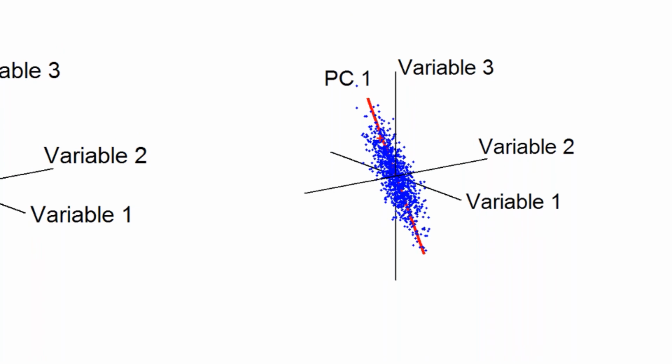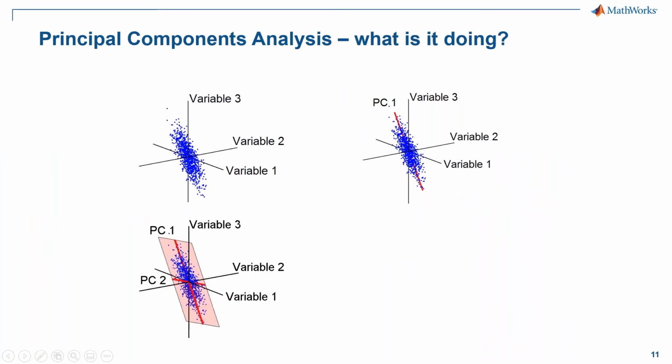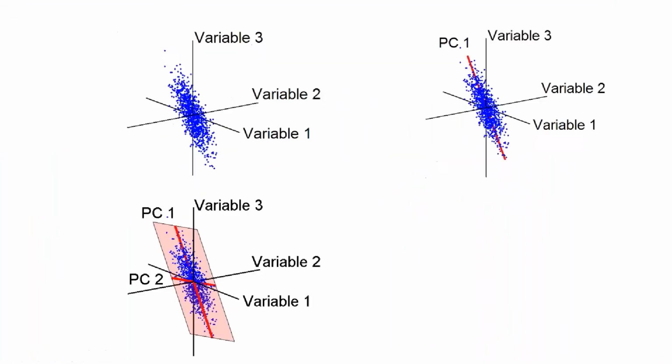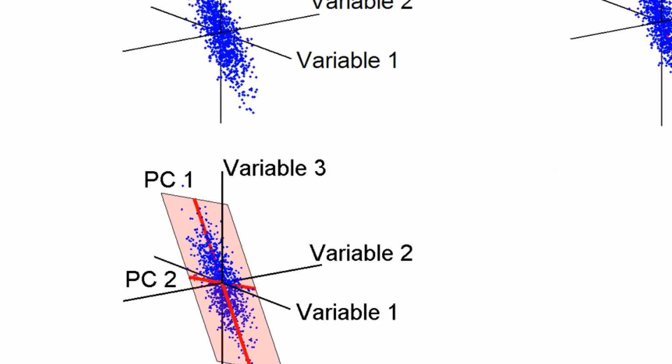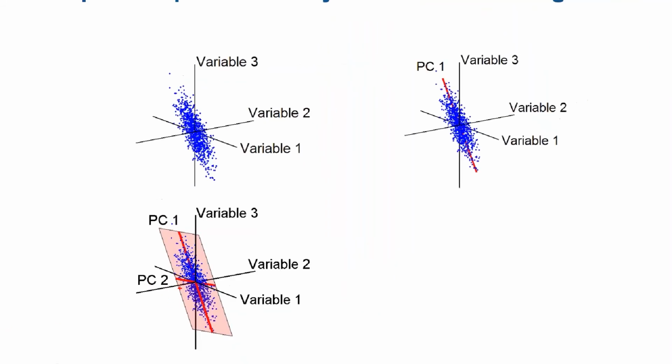So our first principal component is aligned with the widest variance or widest spread of the data. And then we'll keep adding more principal components that are orthogonal, or 90 degrees off, from all other existing principal components. We can do this for all three, up to the number of original variables we have.